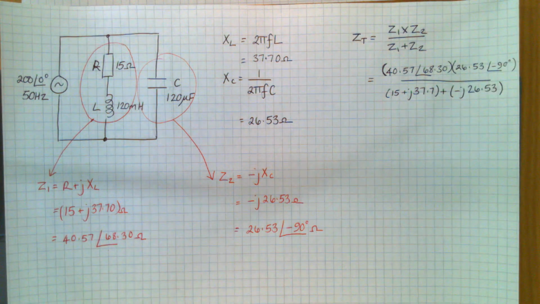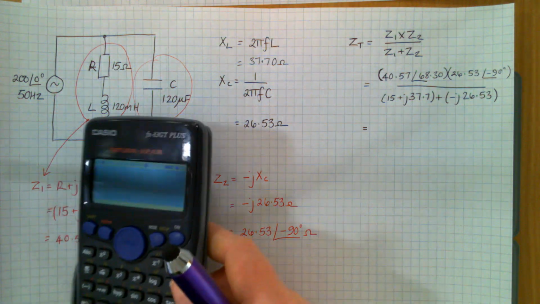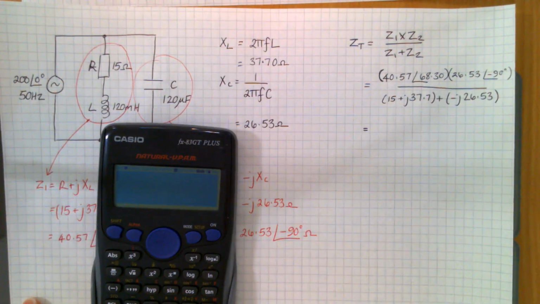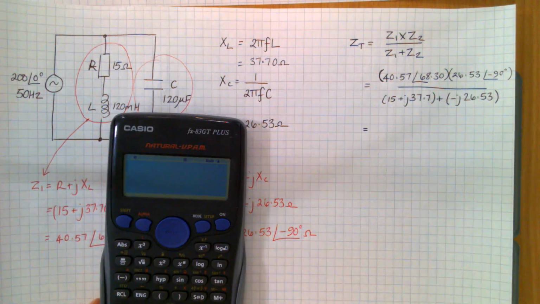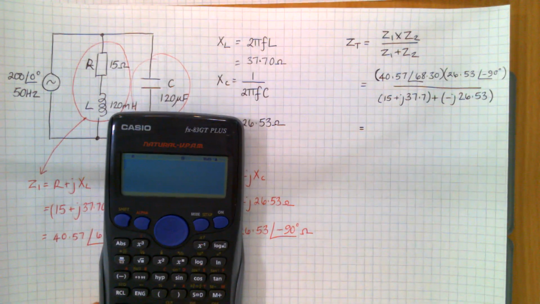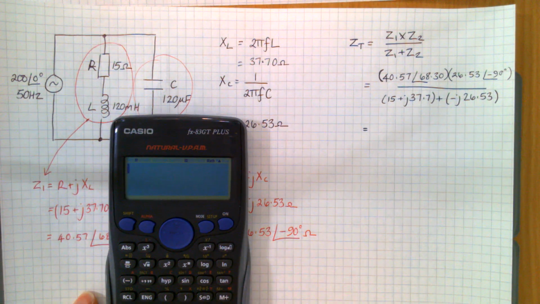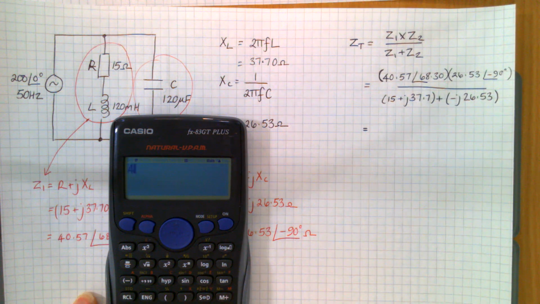So you're working on from that point there. So remember, when you multiply out your polar forms, you multiply the magnitudes, you add the angles.